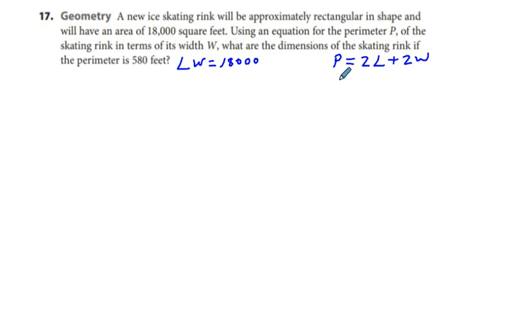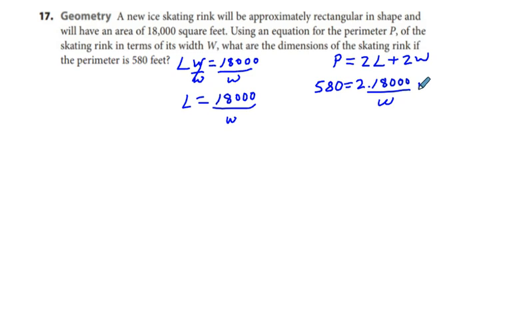And then working this in for the actual numbers we're given, if perimeter is 580 feet, it's going to be equal to 2 and L. We're going to leave this in terms of W. So L we can get by taking 18,000 and dividing by W. So we have 2 times 18,000 divided by W, and then we have plus 2W.